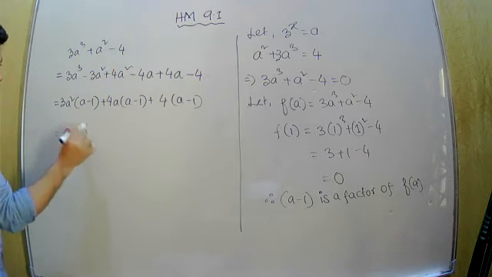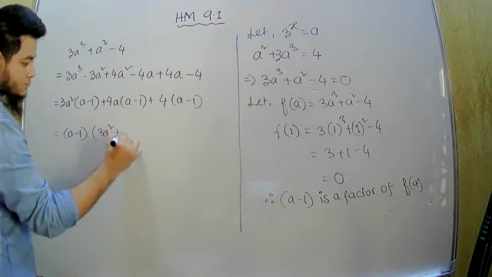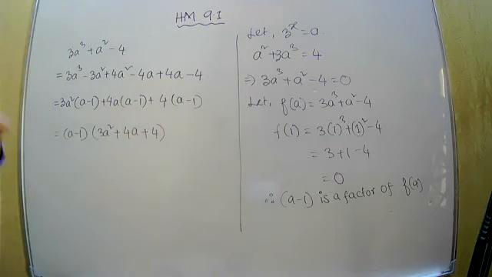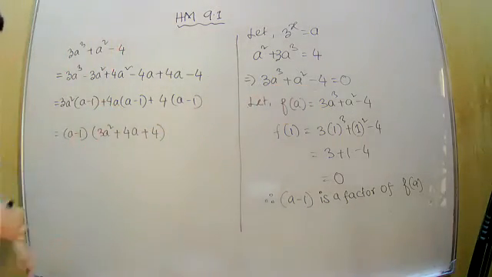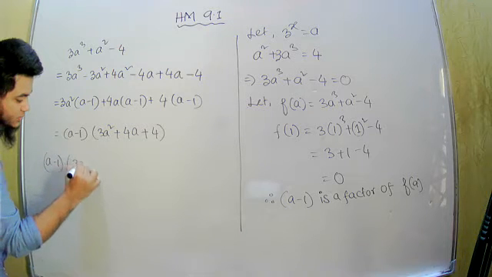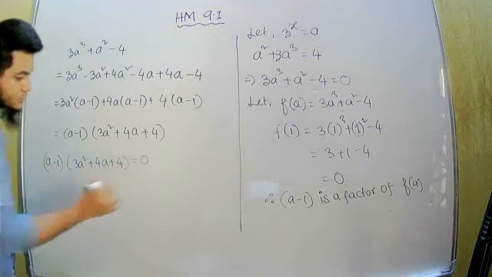So a minus 1, we take common, then there will be 3a square plus 4a plus 4. Okay. So we have resolved this part into factors. Now again we can write a minus 1 into 3a square plus 4a plus 4 is equal to 0.